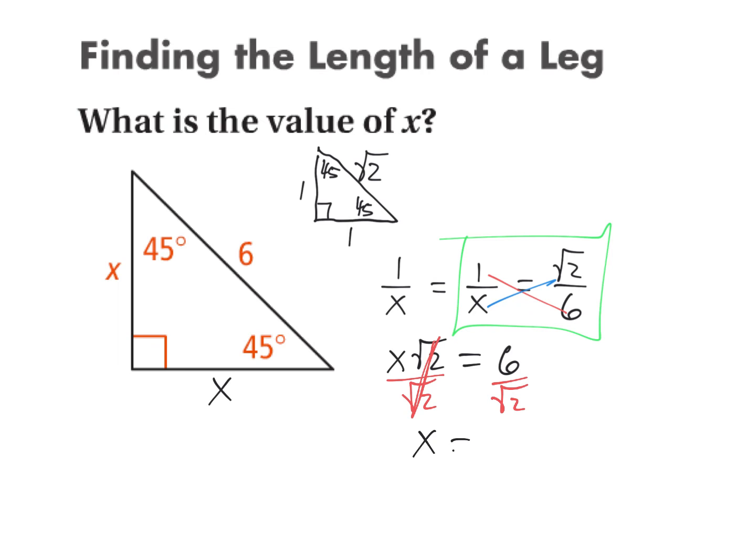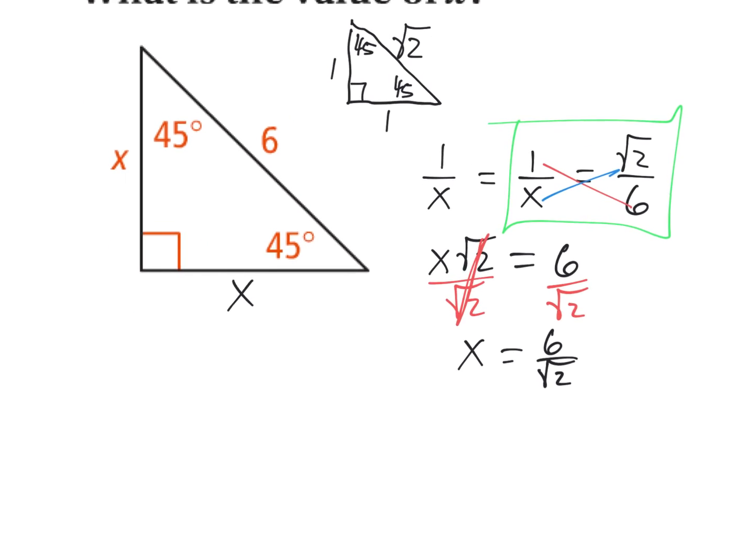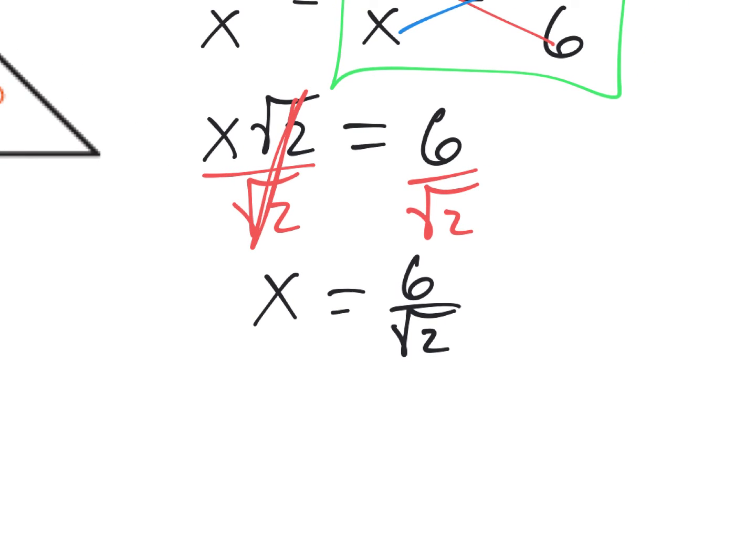Well, now I have to work with that 6 divided by the square root of 2. That's what I have. And sometimes they might ask you to give a decimal answer, which is fine. Then you just plug this into the calculator. But oftentimes, I'm going to ask for a reduced radical. And if I ask for a reduced radical, then you need to do what we call rationalizing this step.